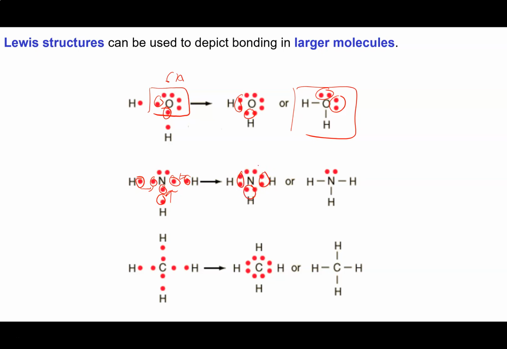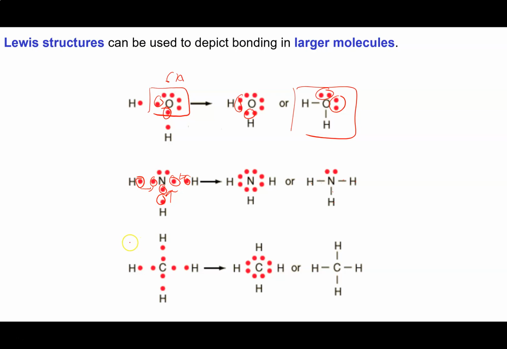And by doing this, every atom ends up with an octet, except for hydrogen, which is happy with what we call a duet, just 2 electrons. So 2 electrons for each hydrogen, and then the nitrogen in the middle, 2, 4, 6, 8. So the nitrogen forms 3 bonds and 1 lone pair.